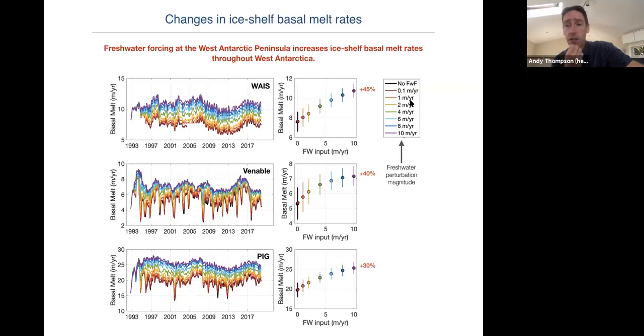We have then gone on to look at the predictions from various IPCC class models, and the suggestion is that in the next couple of decades, almost all of the models predict increases in the freshwater forcing that are maybe not as large as some of these largest ones, but are in the range of, say, 5 meters per year.